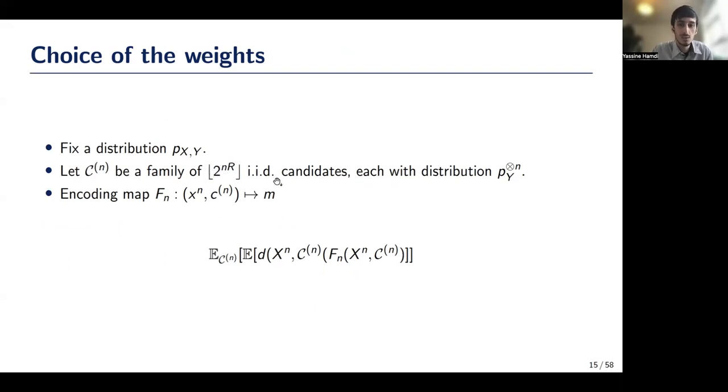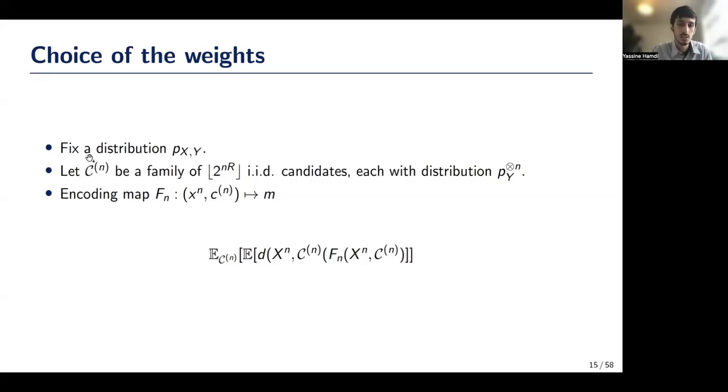So you have a family of candidates, but then this family can take value 1 with probability p1, another list with probability p2, or another list with probability p3, etc. And this is a specific distribution that we're going to use, but it doesn't exactly matter for now.